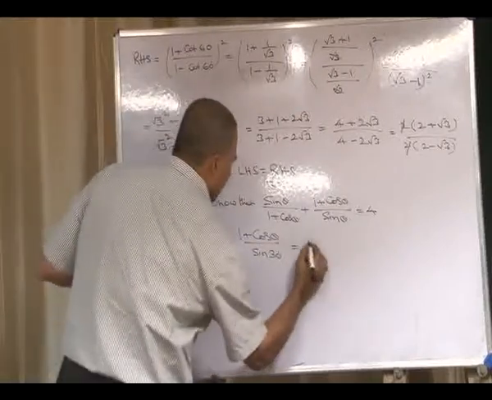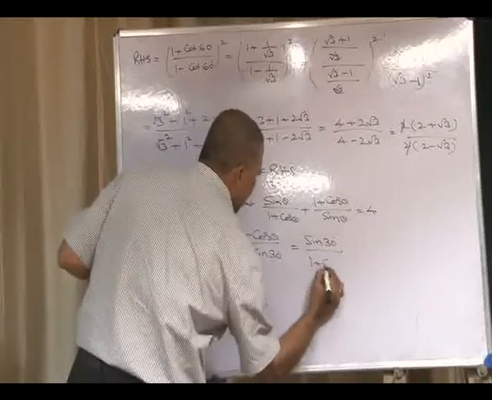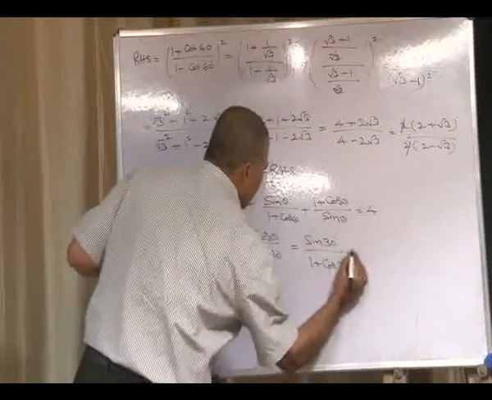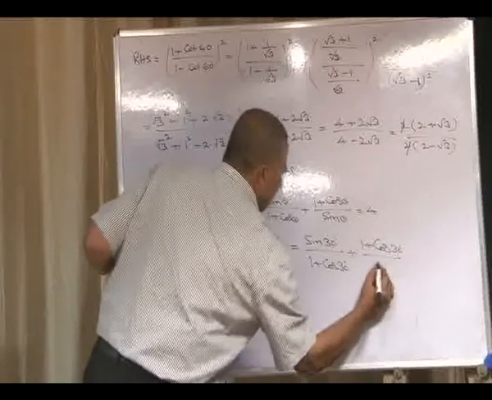Sin 30 degree by 1 plus cos 30 plus 1 plus cos 30 degree by sin 30 degree.